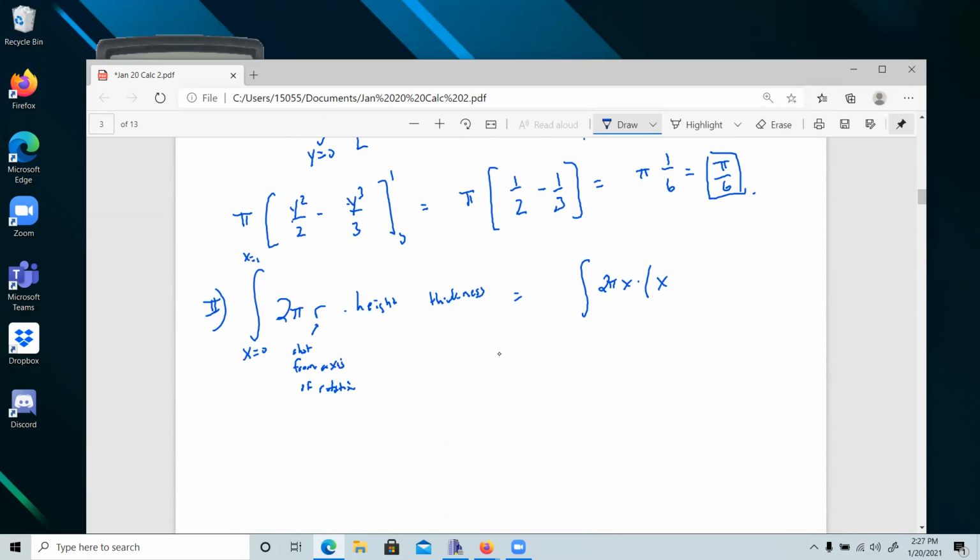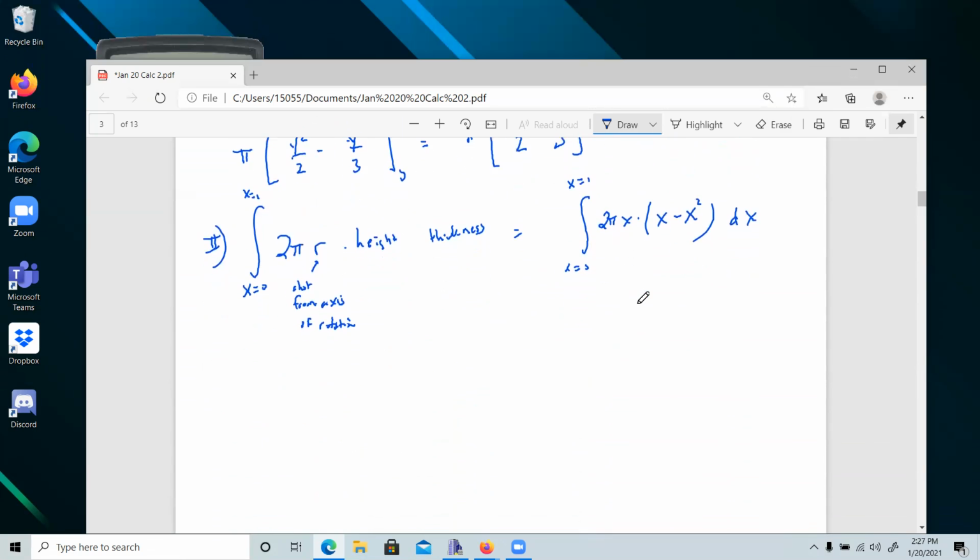So we have x minus x squared dx. So let's go ahead and evaluate this thing. All right, so let's have a 2 pi out here. We have the integral of x squared minus x cubed dx.